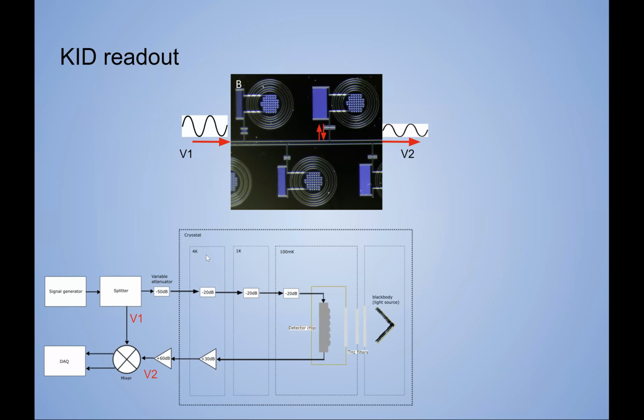You put a V1 in one side, with enough attenuation to not overload the detectors. You put enough amplification on the other side to give your mixer the amount of power it wants, and then you mix the two signals, and that tells you the transmitted amplitude and the transmitted phase.